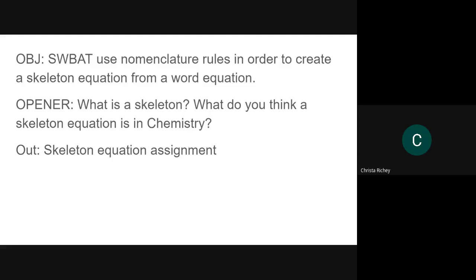No, just in general, what is a skeleton? Body bones. Okay, bare bones. In chemistry, what's a skeleton equation? Multiple elements showing what?